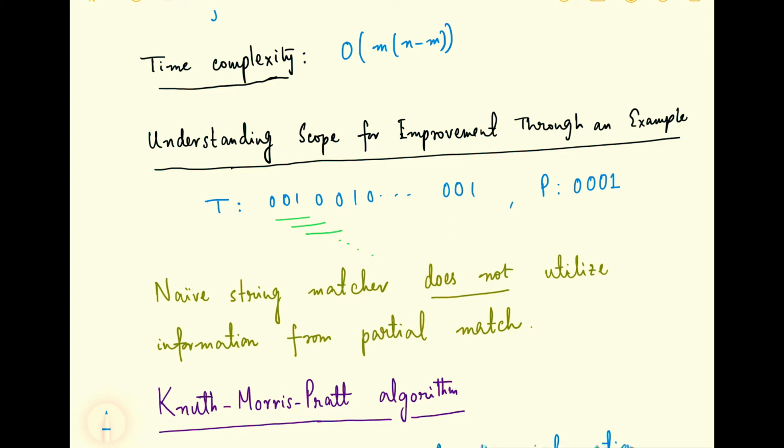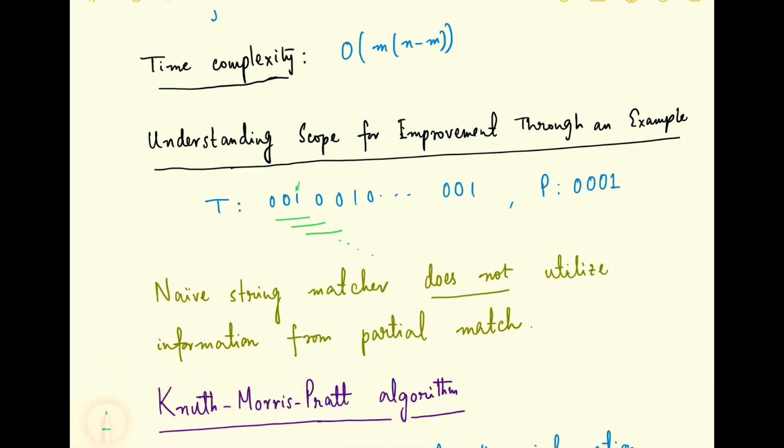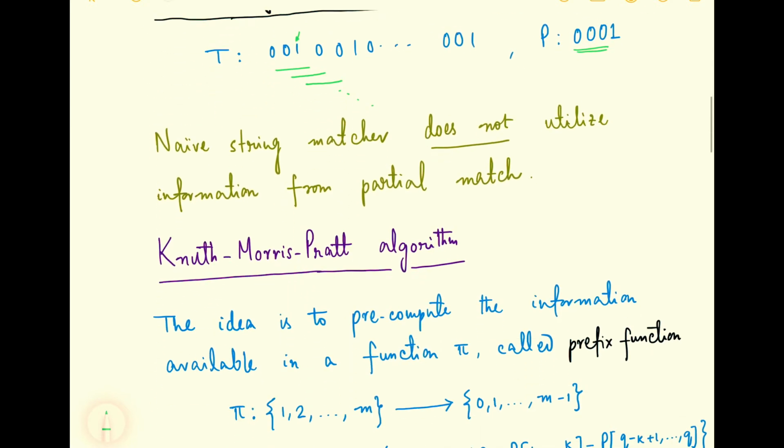Now that is unnecessary because it knows that the third character is 1, whereas the first 3 characters of P are 3 zeros. So these partial matches, it is not able to use this information. We will see how this Knuth-Morris-Pratt algorithm efficiently uses this information and implements this string matching task in order n time.